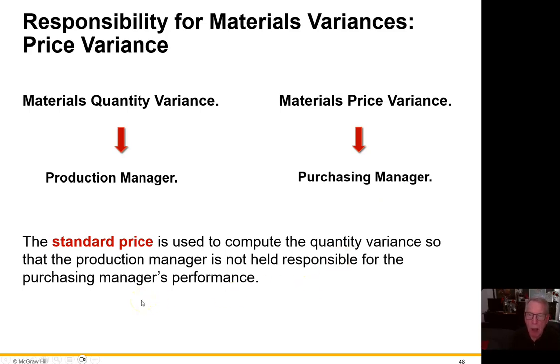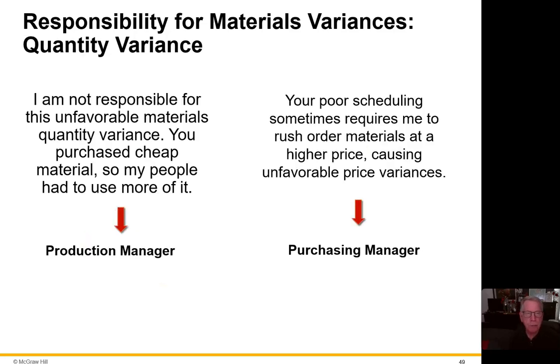And the standard price is used to compute the quantity variance so that the production manager is not held responsible for purchasing manager's performance. Now, as I mentioned here, he or she might say, I'm not responsible for this unfavorable materials quantity variance.